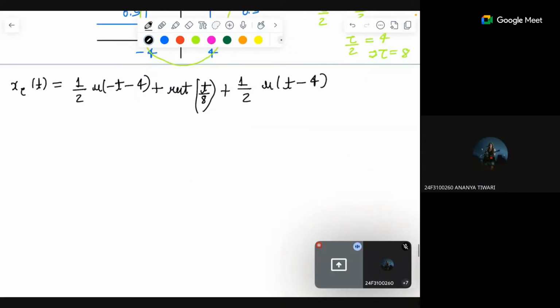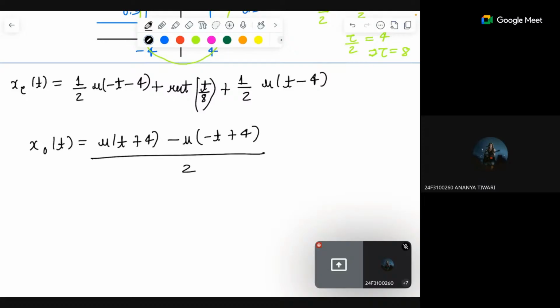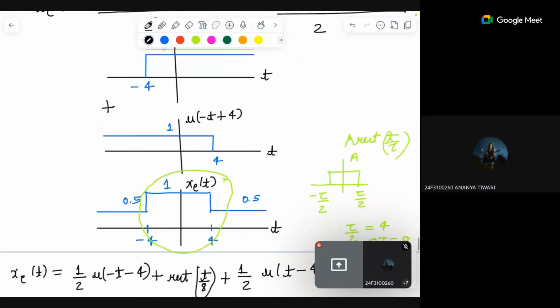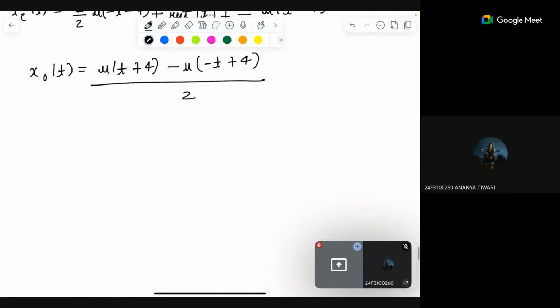Okay, now let us move to the odd part. For odd, it is x of t minus x of minus t, divided by 2. X of t is u of t plus 4, minus x of minus t, divided by 2. I will copy these signals. Since we are doing subtraction, for the second signal we will take the time reversal.